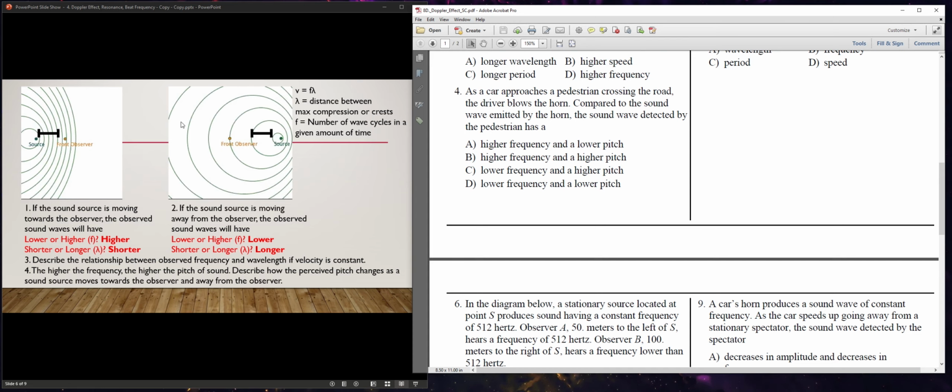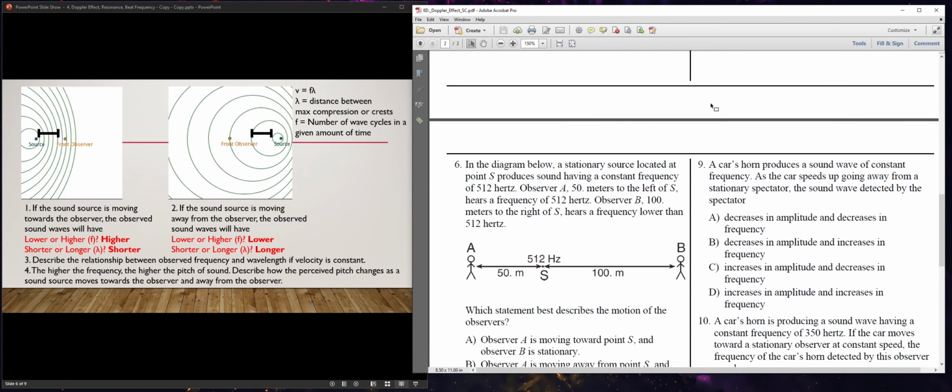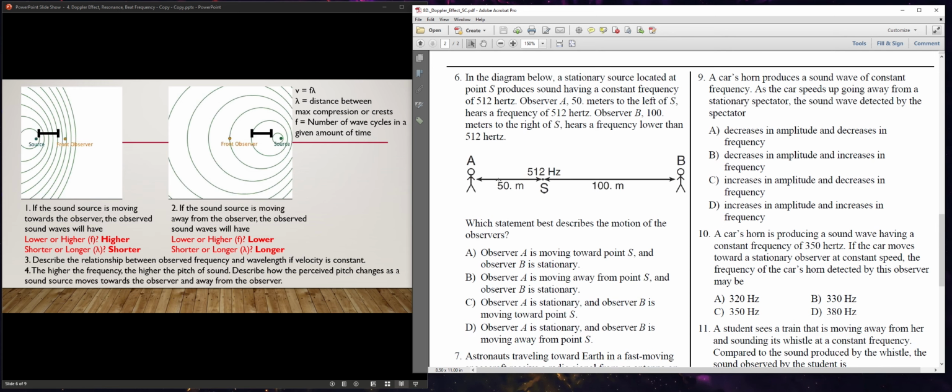So that's referencing the sound source moving towards the observer. Stationary source located as. It's actually asking you to compare. It's actually making a conceptual judgment.